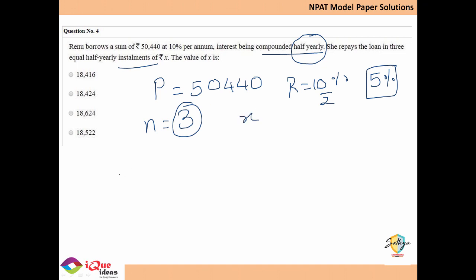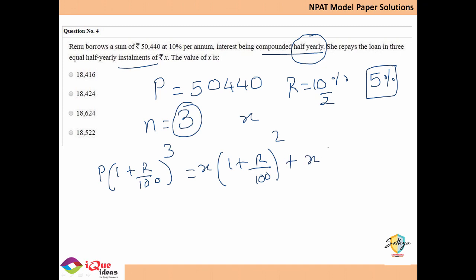So the formula here is P into (1 plus R upon 100) the whole raised to 3 is equal to x into (1 plus R by 100) the whole square plus x into (1 plus R by 100) plus x.